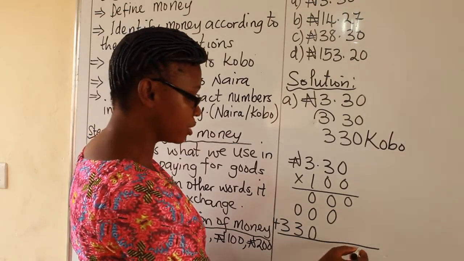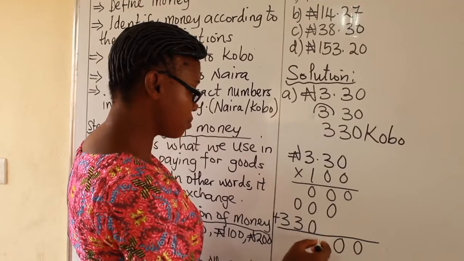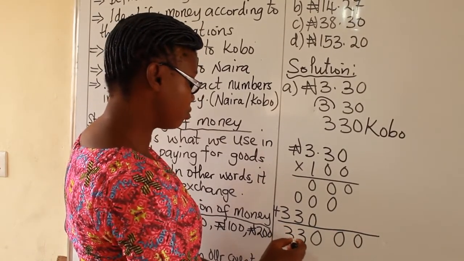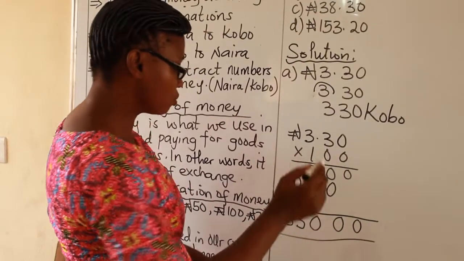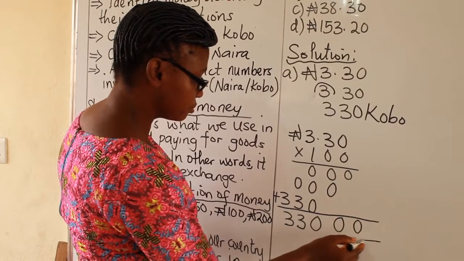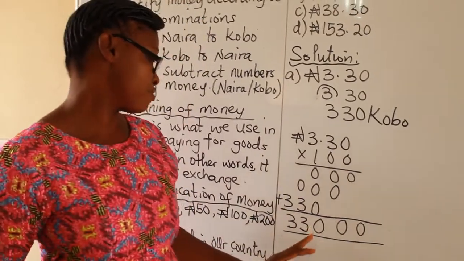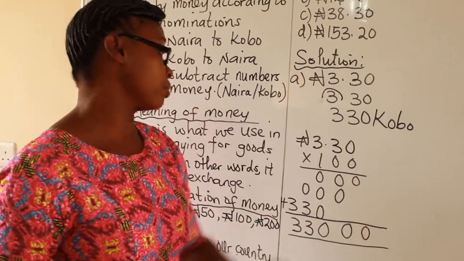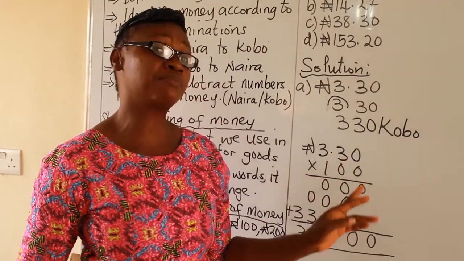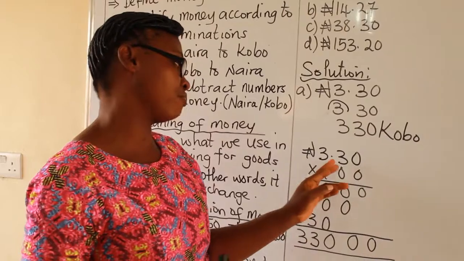So you add up, and then you have 0, 0, 0, 3, and then 3. You close up your equal sign. We have here 33000.